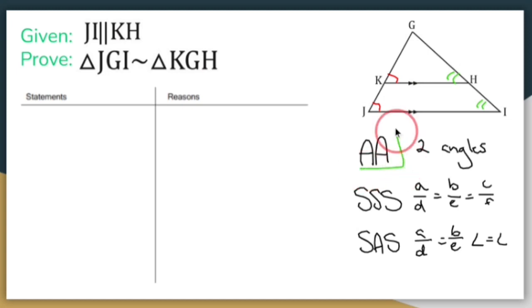So right then and there, I have my double A. Okay, and I can prove that these two guys are similar. So not a lot to show. In fact, this might be only 3 steps, but sometimes with these similar ones, you're not going to show a lot of steps. The similar proofs are a whole lot friendlier than the congruent proofs. So let's start out by saying my given that JI is parallel to KH, and that's my given.